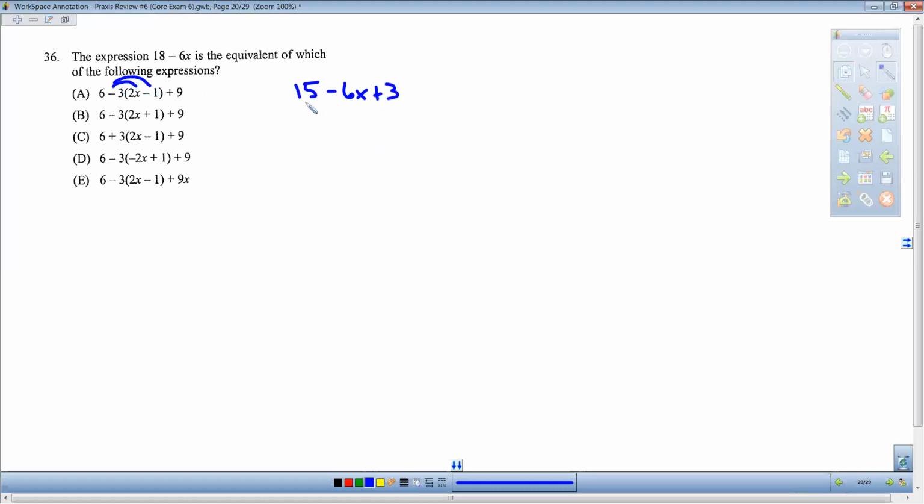And 15 and 3, that's going to give me 18 minus 6x. And that actually is the answer. So we could continue to work through all these. You're looking for which one would be 18 minus 6x, and it would be A.